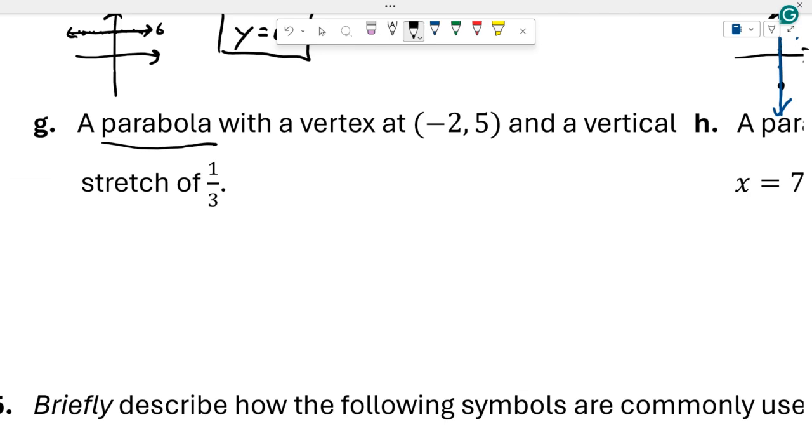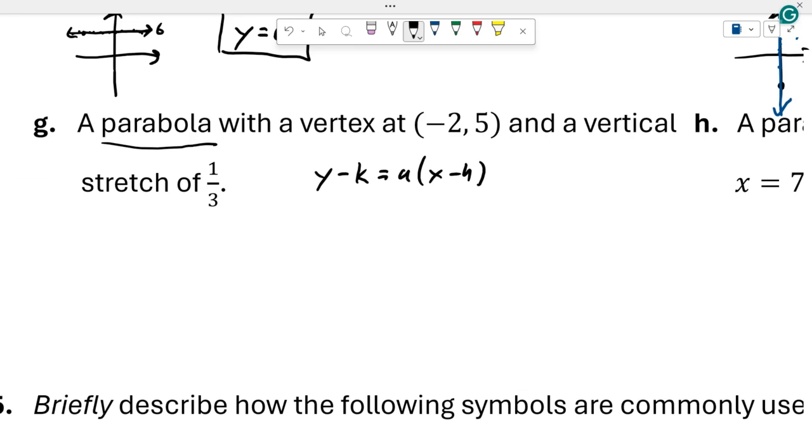A parabola is the graph of a quadratic function. So we have this handy thing called vertex form. Vertex form looks like this: y minus k equals a, parentheses, x minus h.